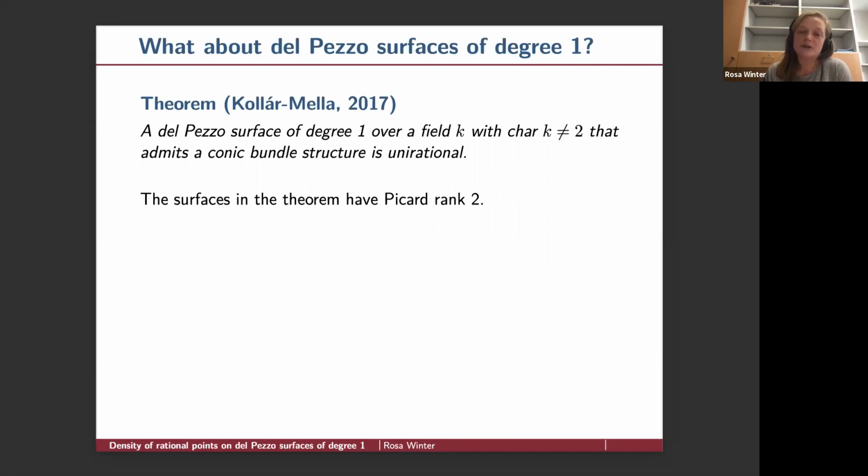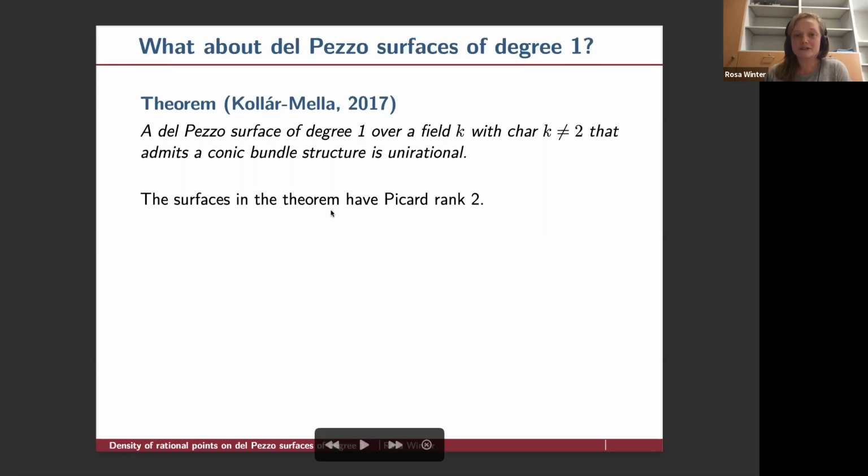And those with conic bundle structure, it's the same classification as those with Picard rank 2. So the Del Pezzo surfaces of degree 1 that are minimal have Picard rank 1 and 2, and those with Picard rank 2, we know that they're unirational if the field has characteristic unequal to 2.